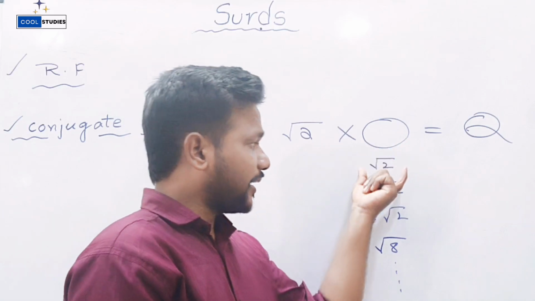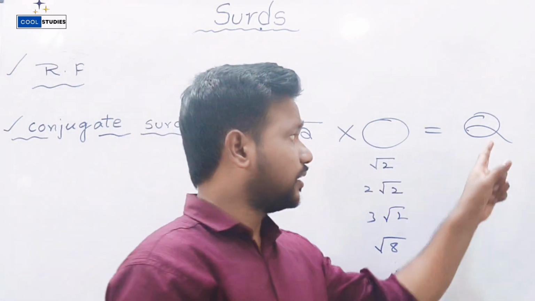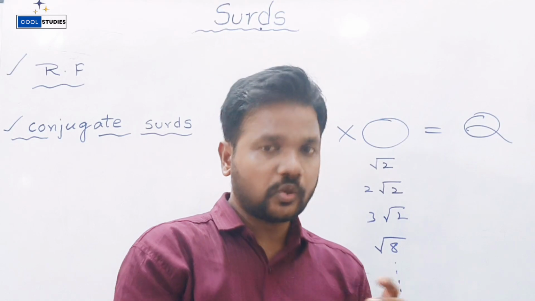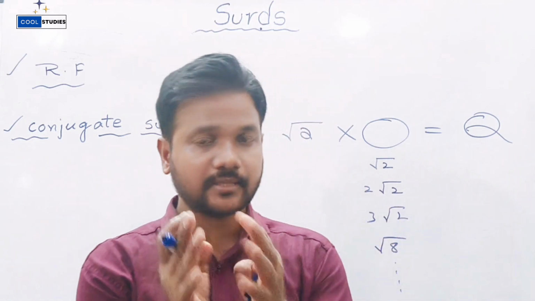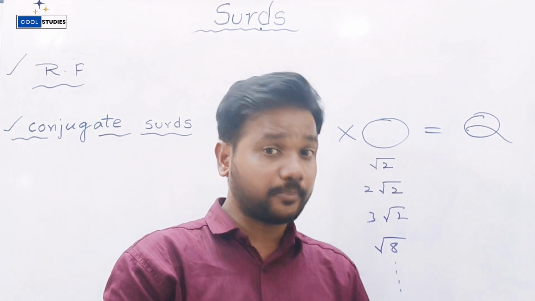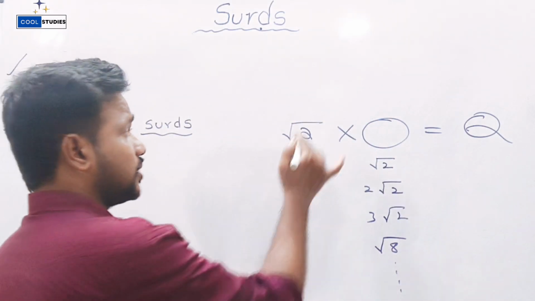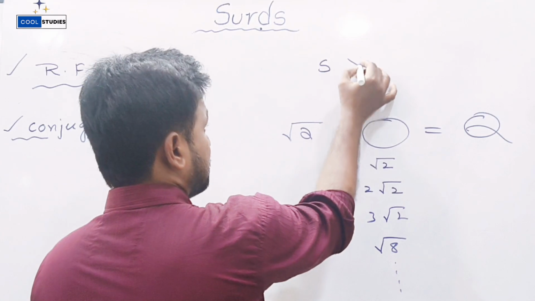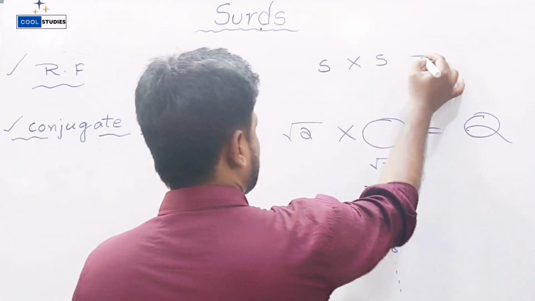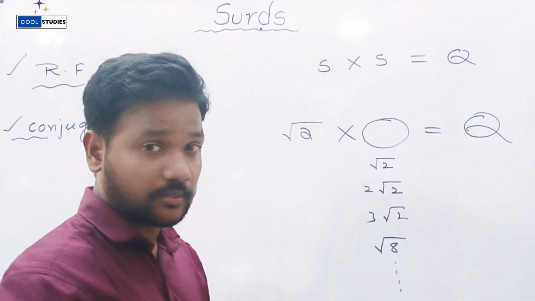If you multiply any of these numbers with root 2, definitely we get a rational number. Rationalizing factor means the product of the two surds becomes a rational number.